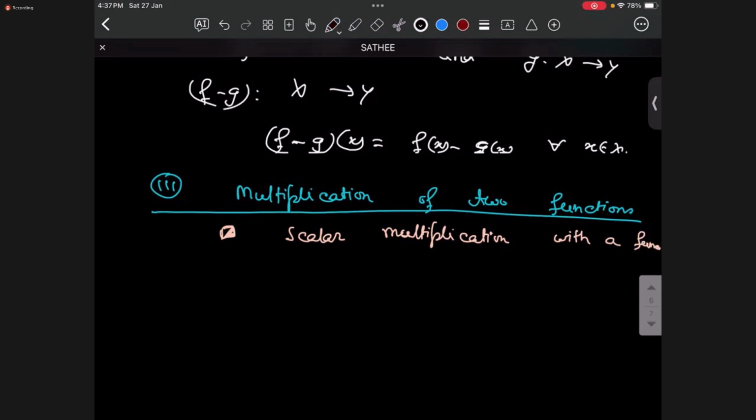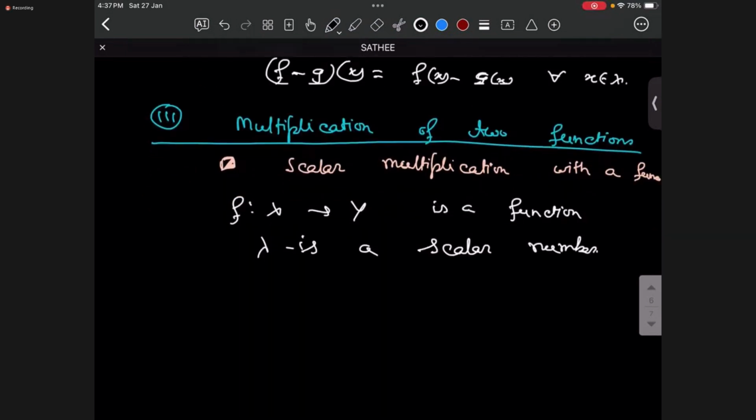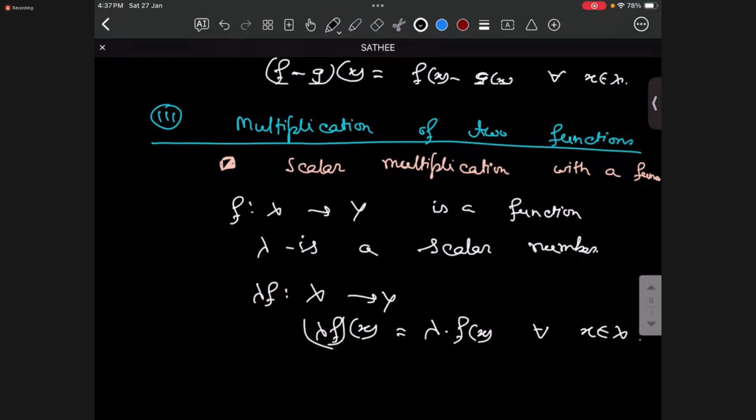How can we define this? Let f from X to Y be a function and lambda be a scalar number. Then we define another function, called scalar multiplication with the function f, that is the function lambda f from X to Y defined by (lambda f)(x) equals lambda times f(x) for all x belonging to capital X.